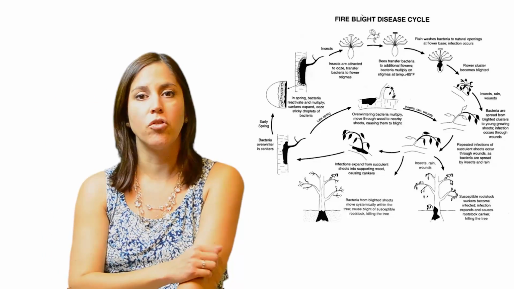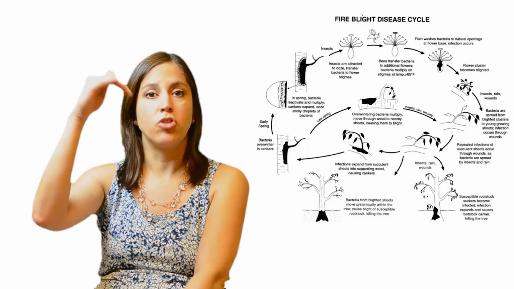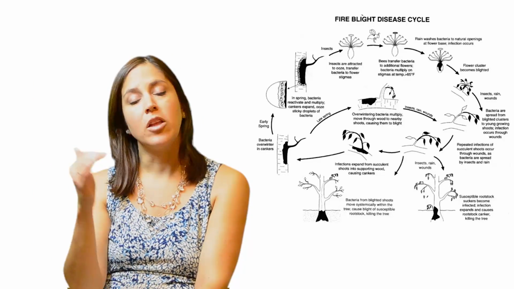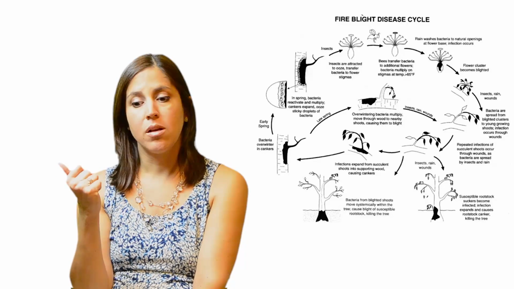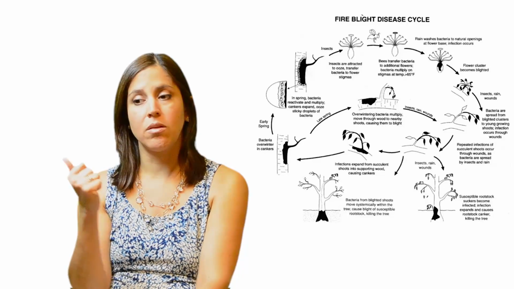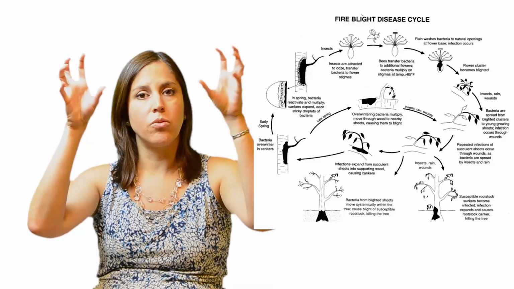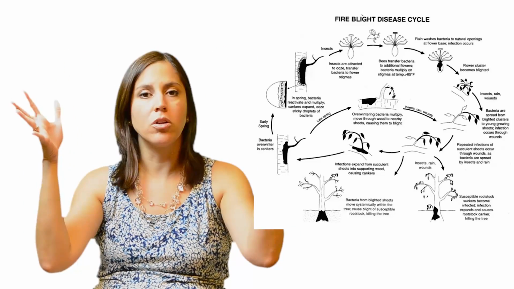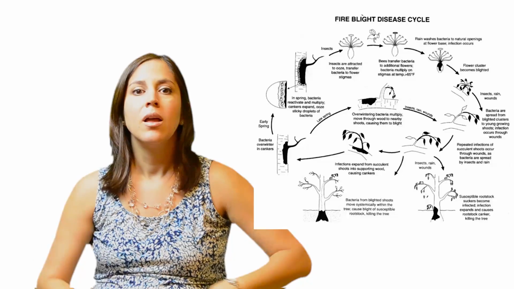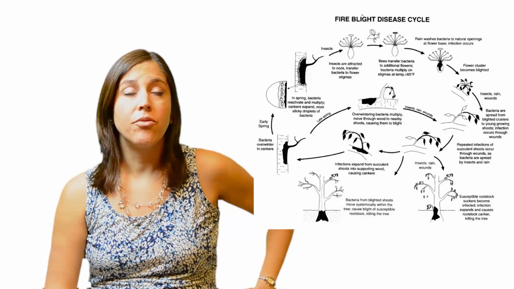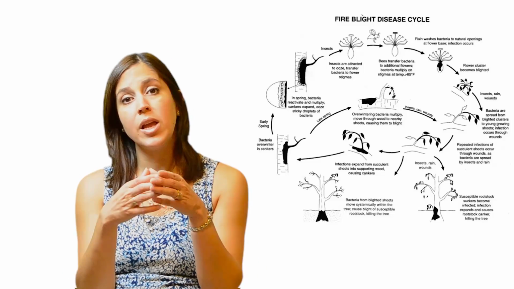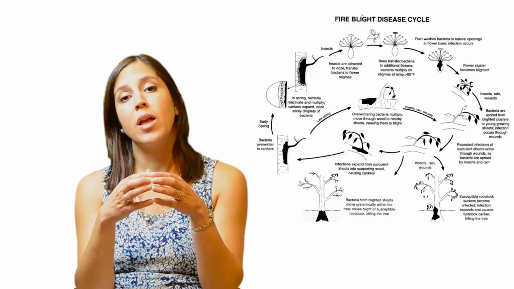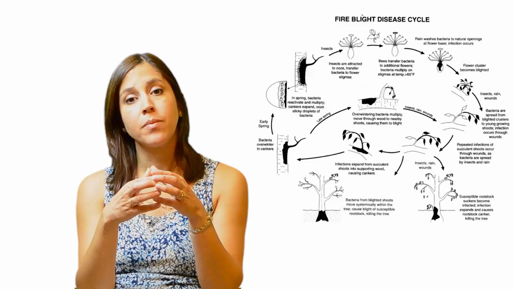The necrosis moves down toward the trunk through the xylem. In many cases, it's the new branches or younger tissue that is infected, but if the bacterium reaches the main trunk of the tree, sometimes it can even kill the whole tree.